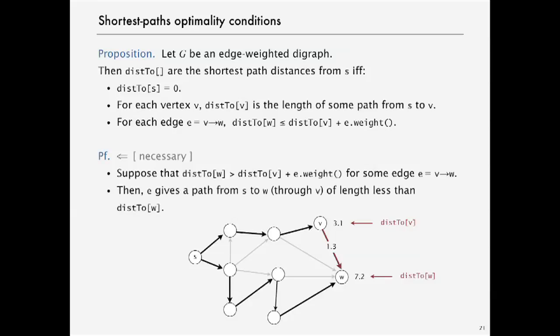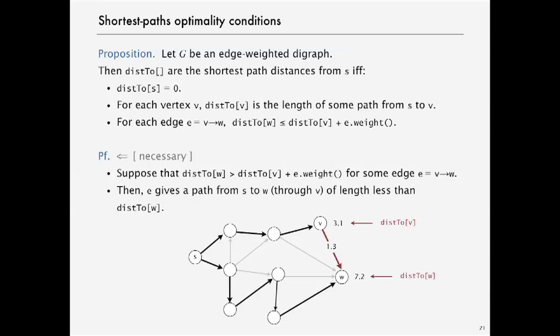And again, just a quick proof, although the best way to understand proofs is to read them slowly, not listen to them spoken quickly, but I'll quickly outline them. So here's the necessary direction. We want to prove that if this is true, then we have shortest paths. To do that, we assume the contrary.